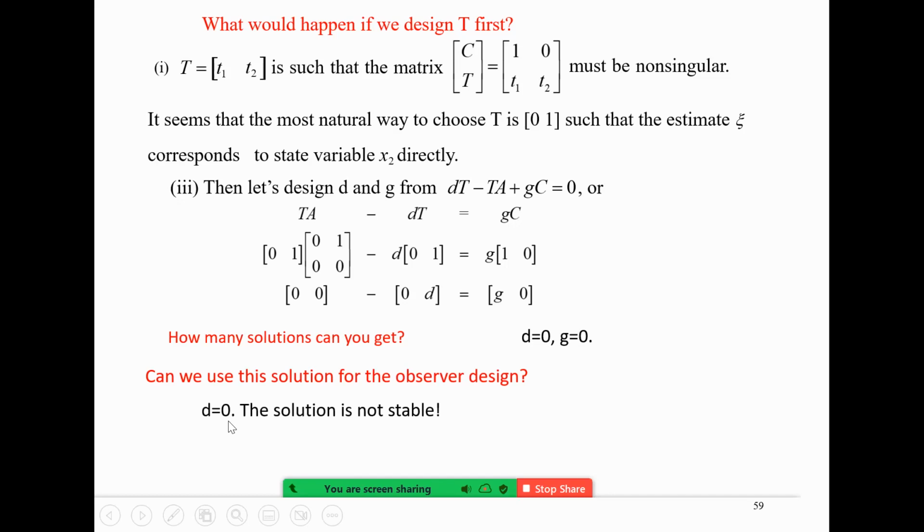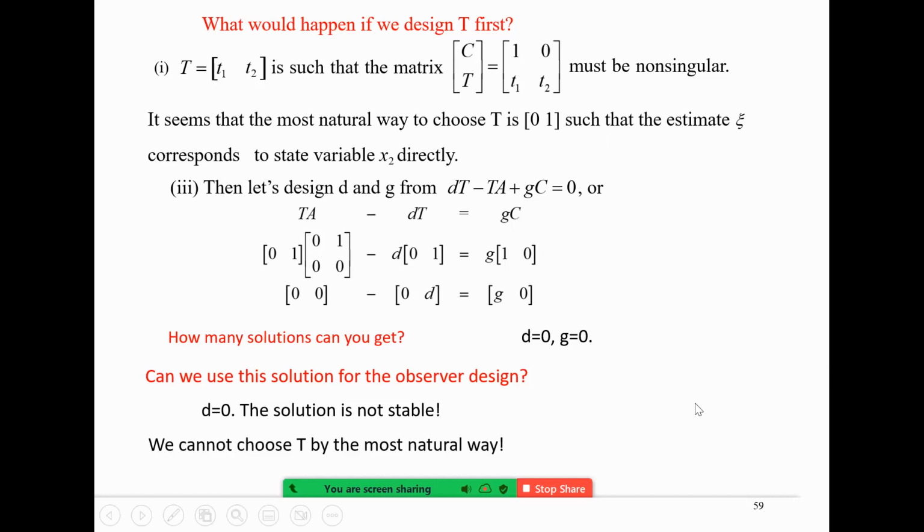D has to be a negative value. You see? Yes, you follow the simplest design, but it turns out it doesn't work. So that is the reason you don't choose T at the beginning, although you follow some very simple idea. It turns out you'd better not do that.